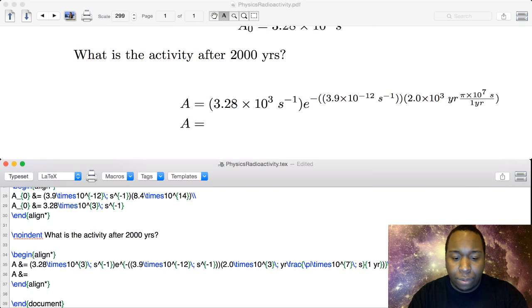So e raised to the... let's hope I can get this all right. So 2 times pi times 10 raised to the third power.